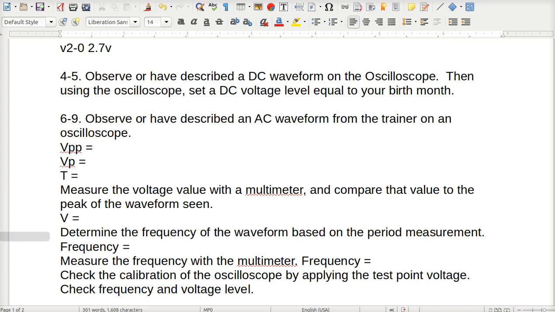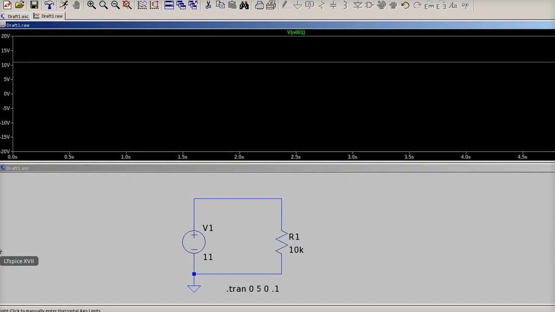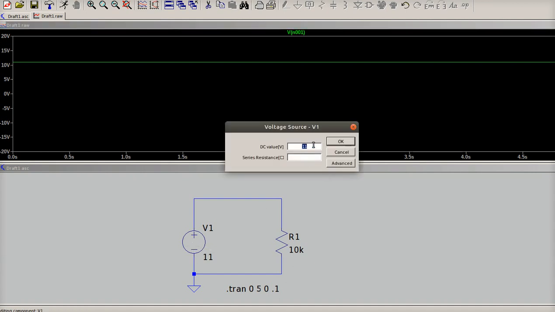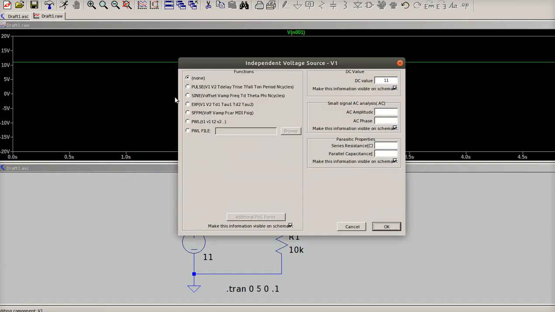So to do that, I'm going to go in and modify my Spice circuit, and instead of a DC source, I'm going to go into advanced, and I want it to be a sine wave, and I want my amplitude to be 10 volts. I don't want any DC offset.